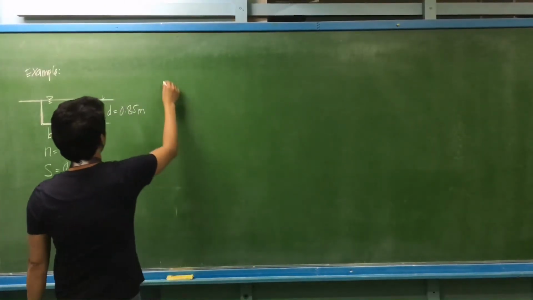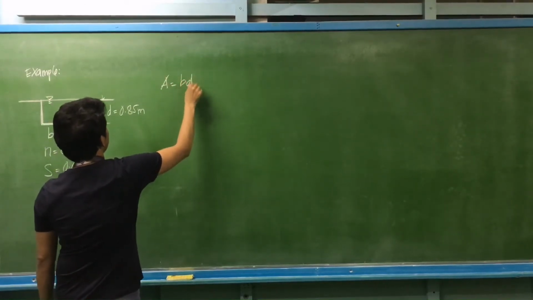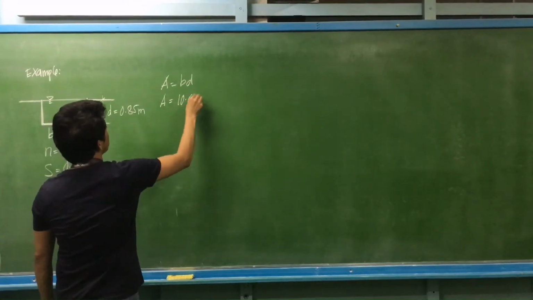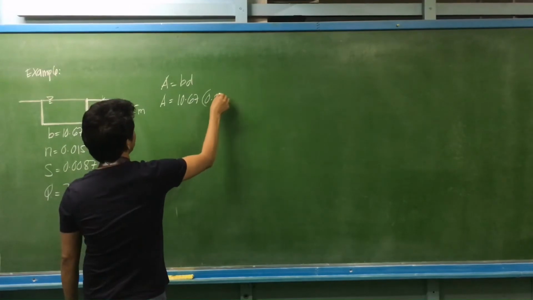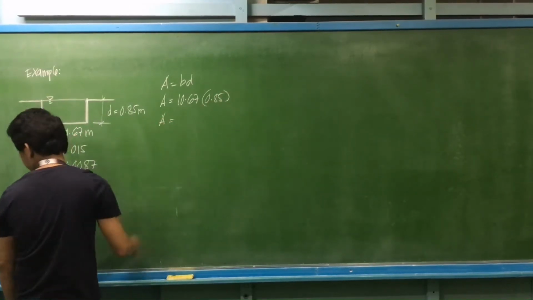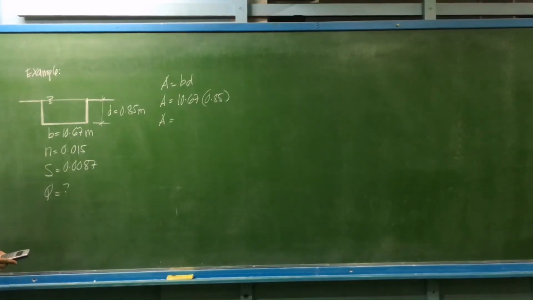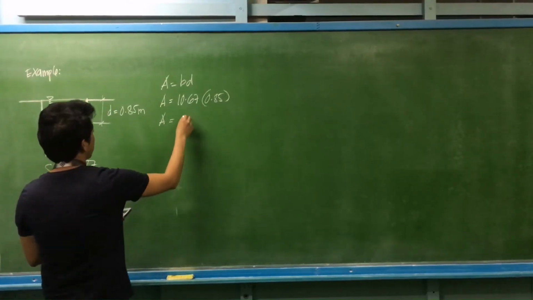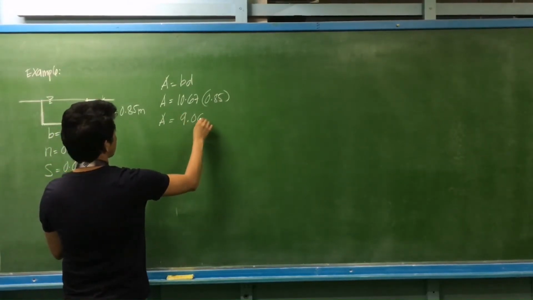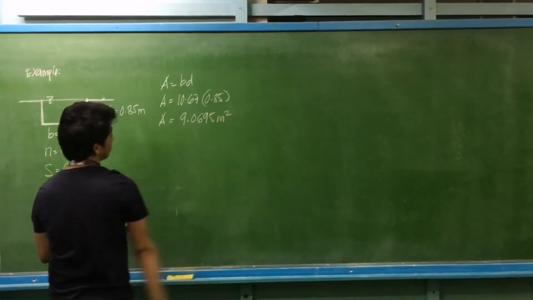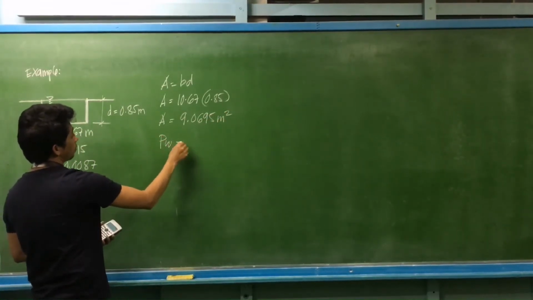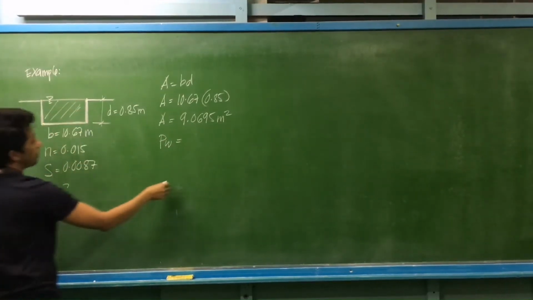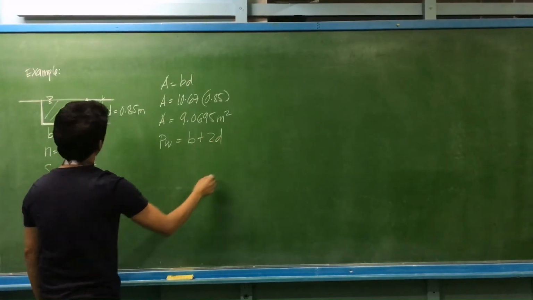First, the area. The area for a rectangular channel is B times D, so the area is 10.67 multiplied by the depth of 0.85. The area is 9.0695 square meters. For the wetted perimeter, which is the contact of the liquid with the channel, that is the base plus both sides of the depth.